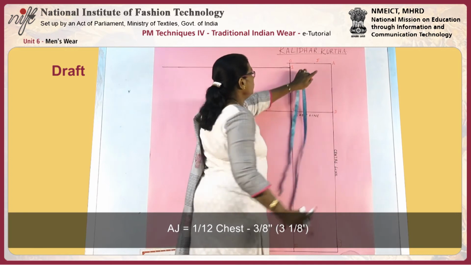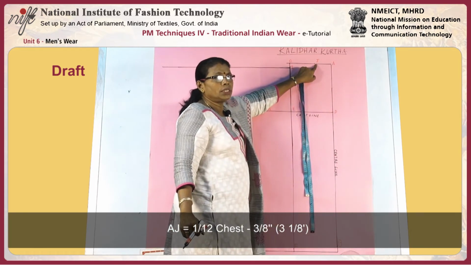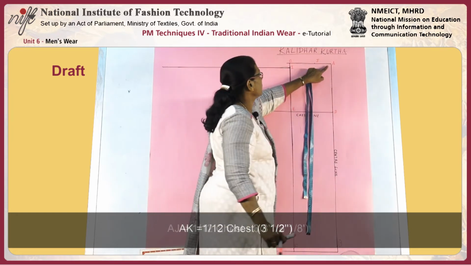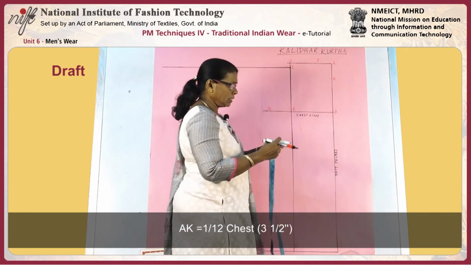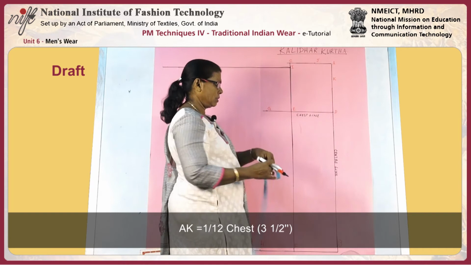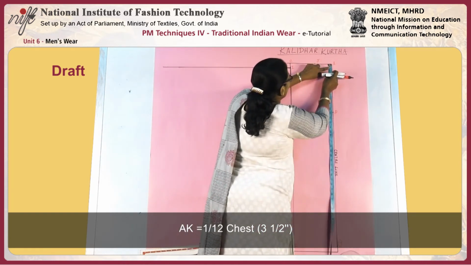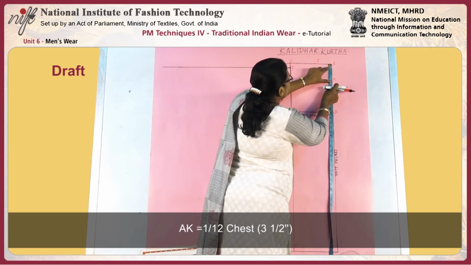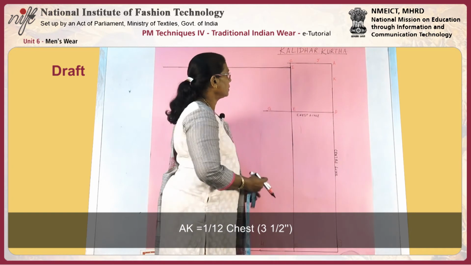AJ is equal to chest by 12 minus 3/8 of an inch. AK is equal to chest by 12, 3.5 inch. The chest measurement is 42 and chest by 12 is 3.5 inch.